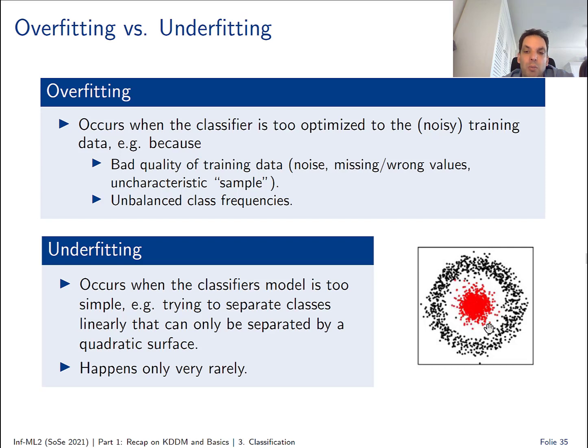And if we try to apply a linear model here, that will be somewhere here or here or here or wherever. Obviously, this model is too simple to model this very complicated situation. But that happens very, very rarely. So mostly the problem is overfitting. Underfitting you will see in just very poor prediction or evaluation quality.